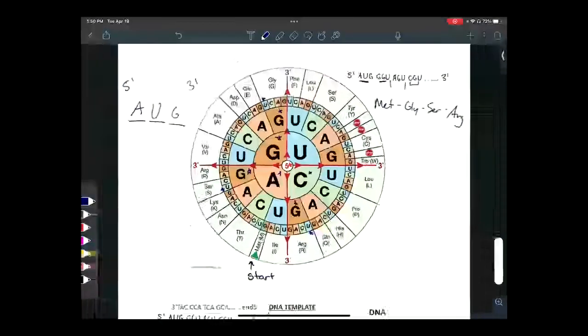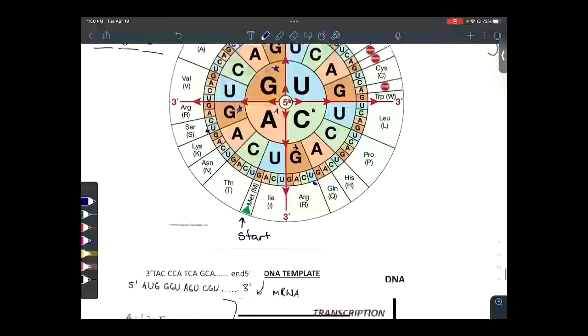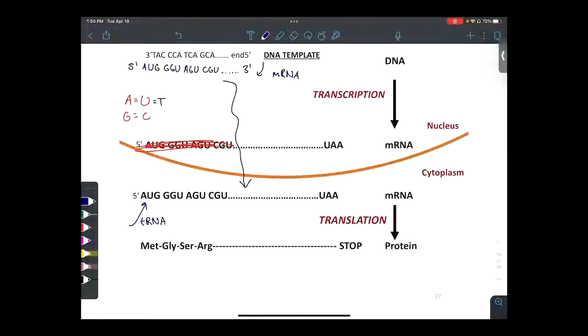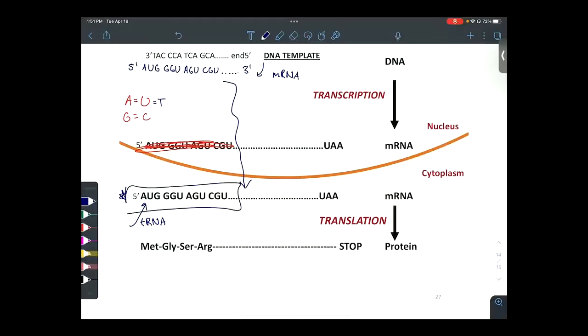There are a couple of ways I can ask you this question. I would say, what is the amino acid sequence? I can give you the mRNA strand. That's easy. You just chunk it up in thirds and look at the chart. But what if I give you the DNA template strand instead and ask you, what is the amino acid sequence?